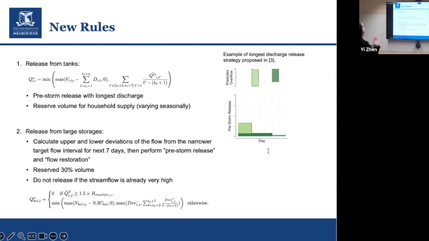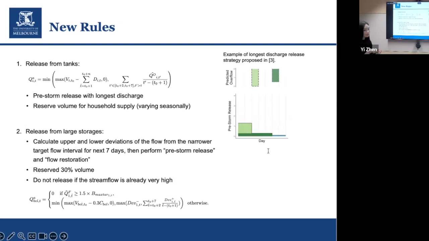So with all this in mind, we propose these new rules. The pre-storm release from the tanks is now determined by this longest discharge strategy, which we mentioned earlier. It uniformly distributes the predicted overflow amounts across the days leading up to its occurrence, because we found that this strategy actually performs better in overflow reduction in the presence of forecast error.